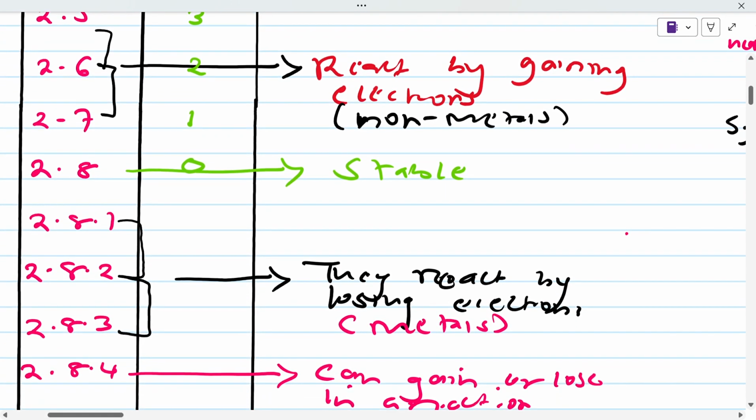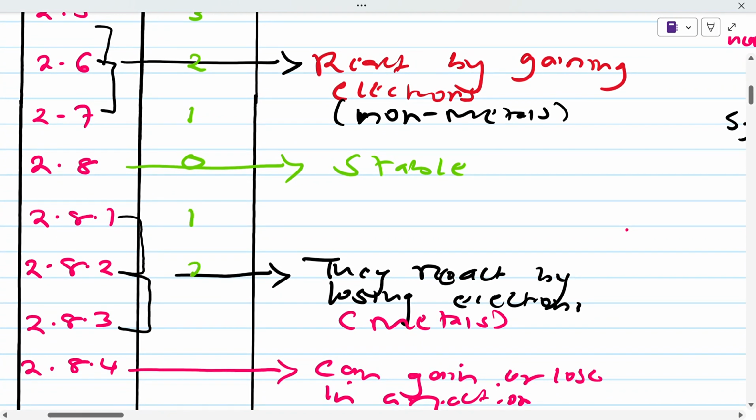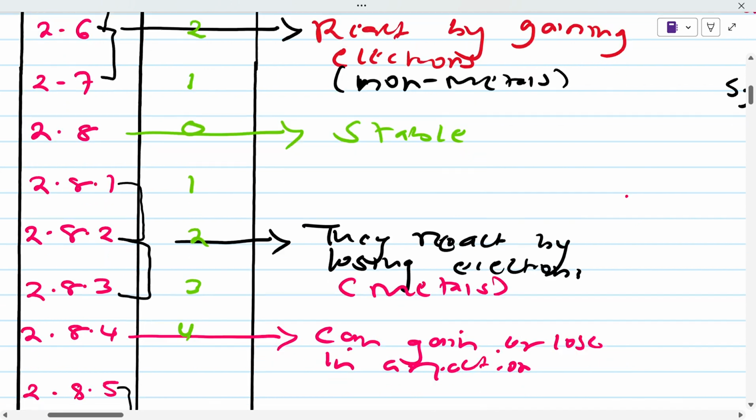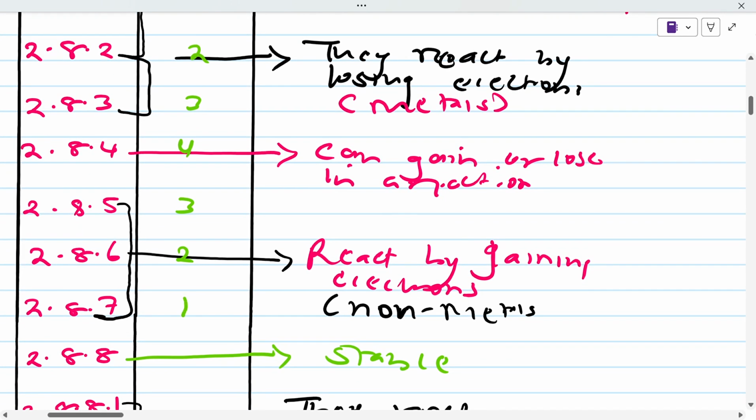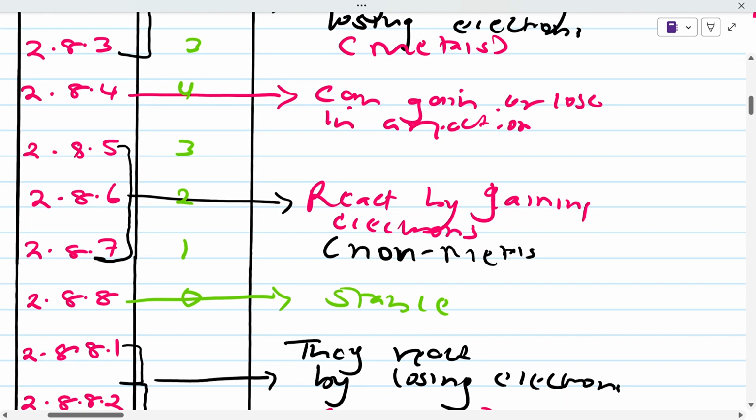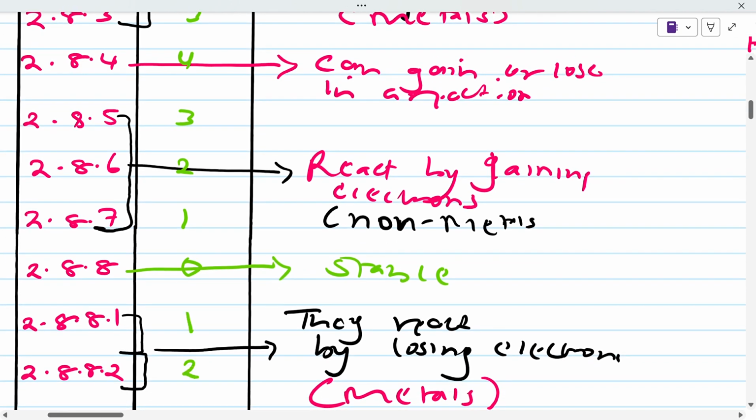because it is stable. This one has 1, 2, 3, 4, then we drop again, 3, 2, sorry, let me write it where it's supposed to be, then 2, then lastly we have 1, then a 0. We start again, 1, 2.